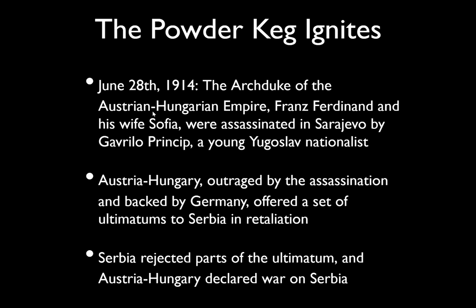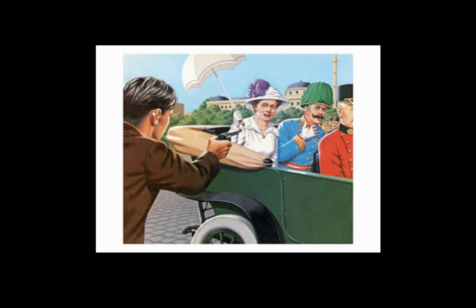Well, Serbia, we're going to set all these conditions that you're going to deny. And then we're going to use this as an excuse for war against you. But then Serbia says, okay, well, Russia's got our back. And so long story short, war breaks out between Austria and Serbia, and this basically is the first major domino to fall.